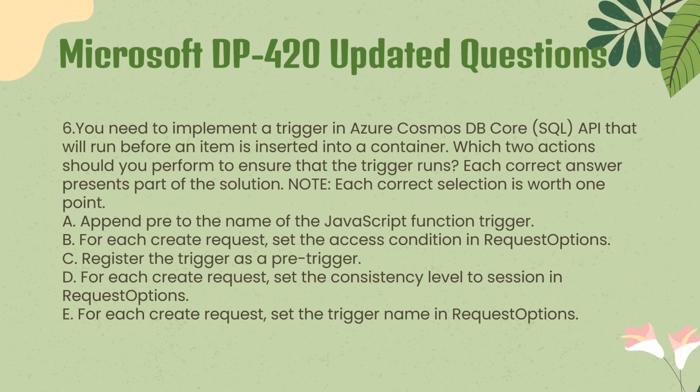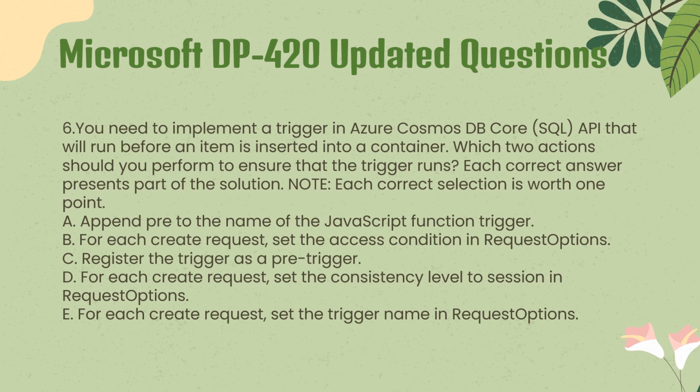6. You need to implement a trigger in Azure Cosmos DB Core SQL API that will run before an item is inserted into a container. Which two actions should you perform to ensure that the trigger runs? Each correct answer presents part of the solution. Note: each correct selection is worth 1 point.